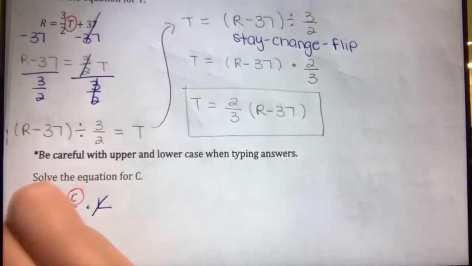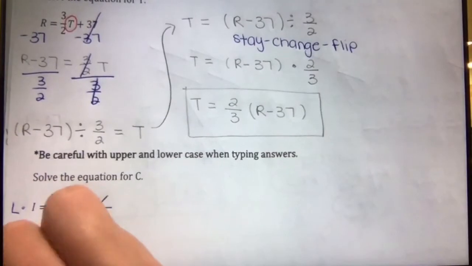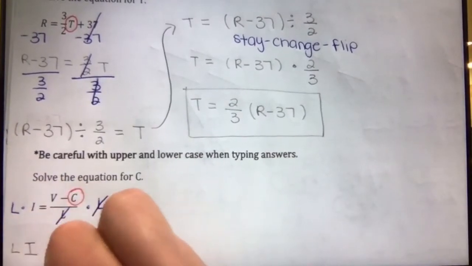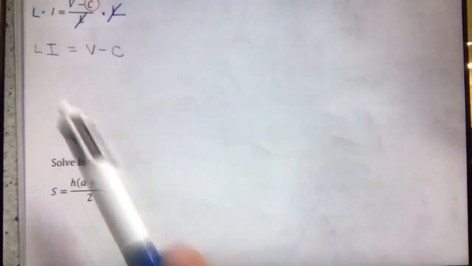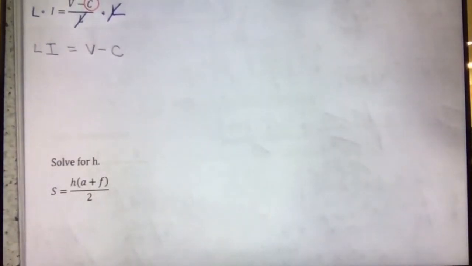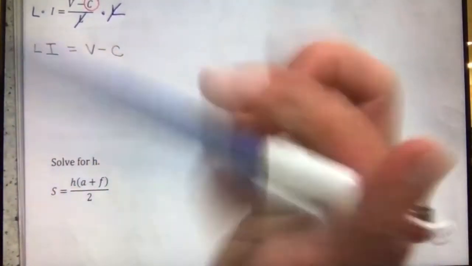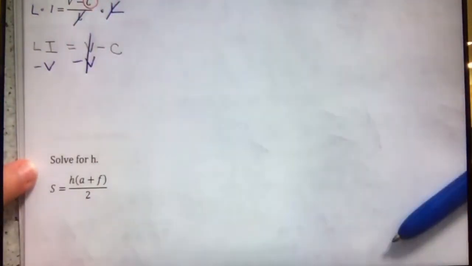So we're left on the left-hand side with LI equals V minus C. Getting C by itself, subtract V. V is positive, so to do the opposite, I need to subtract V from both sides so that they cancel.